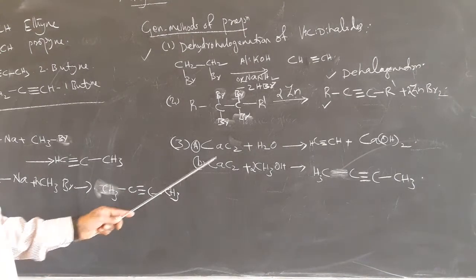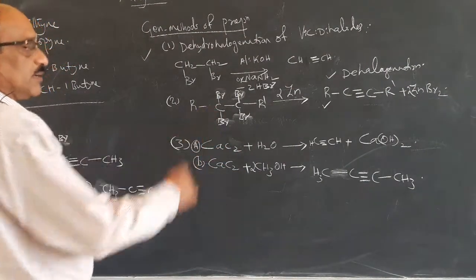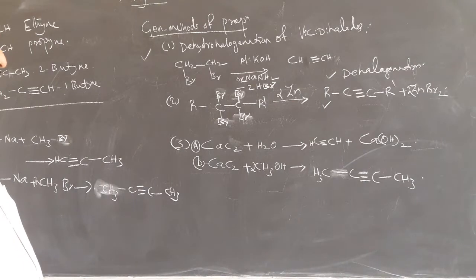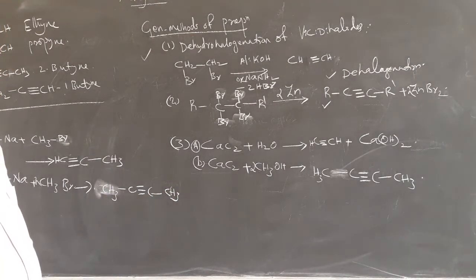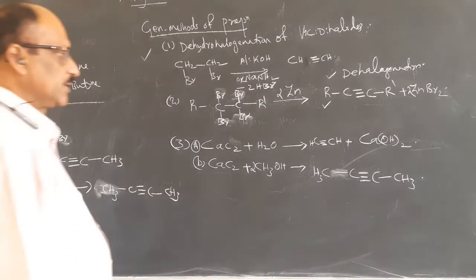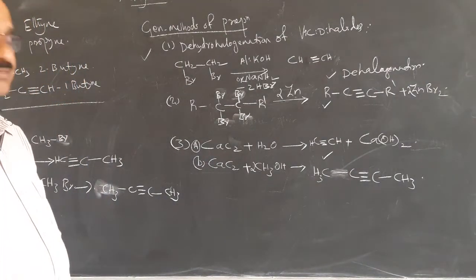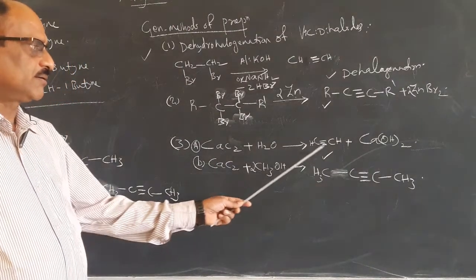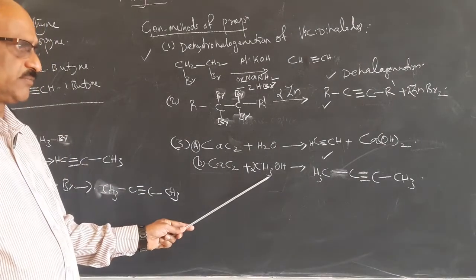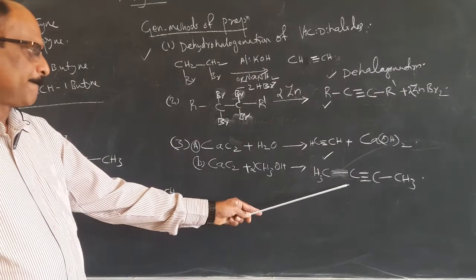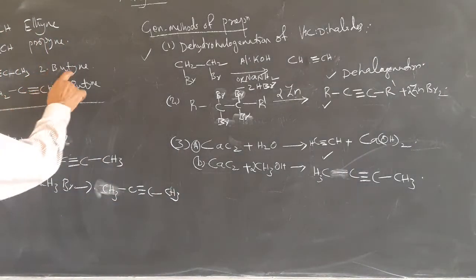The third is you have to take calcium carbide. This is a very simple method, and it is not a general method. Calcium carbide is treated with water, and you are going to get acetylene and calcium hydroxide. Very easy, simple method. Similarly, calcium carbide treated with methyl alcohol gives the corresponding alkyne, 2-butyne.